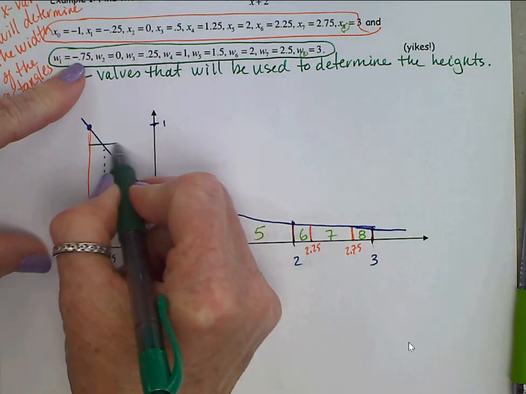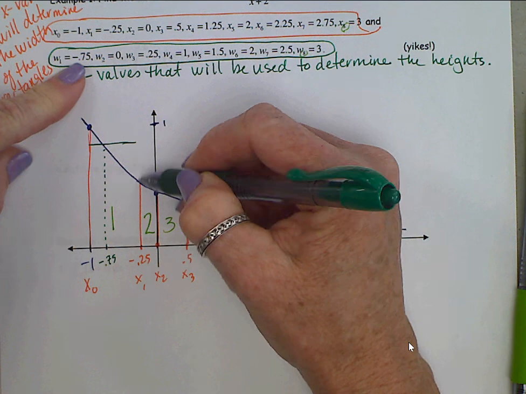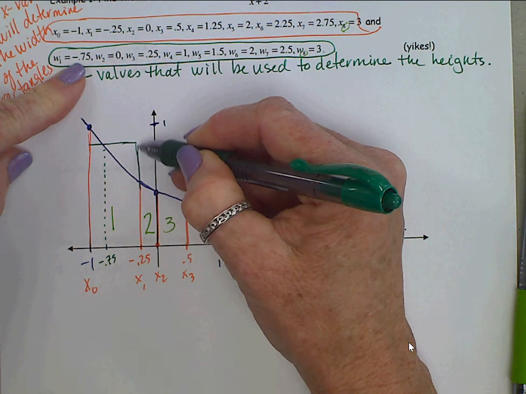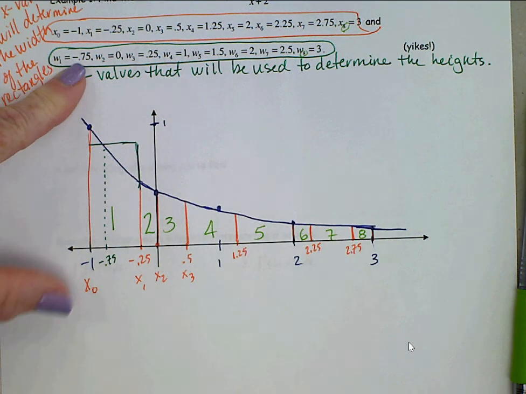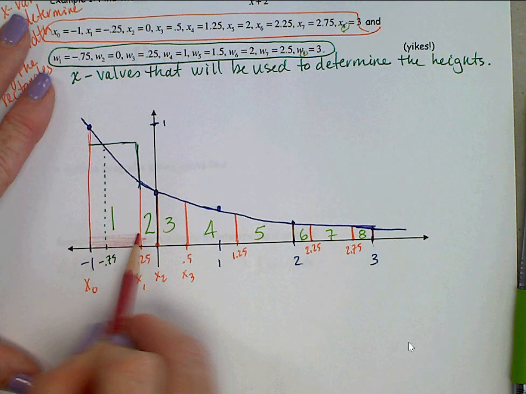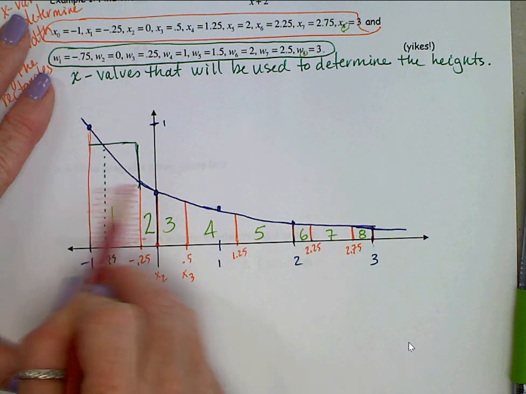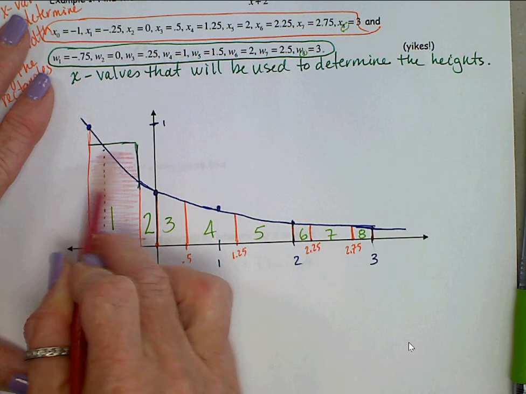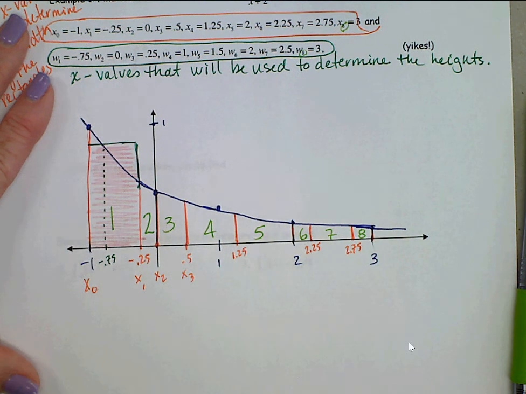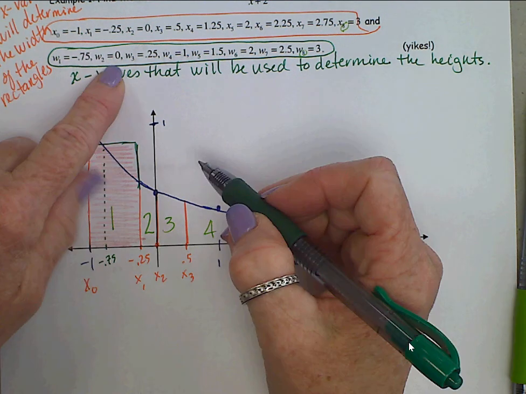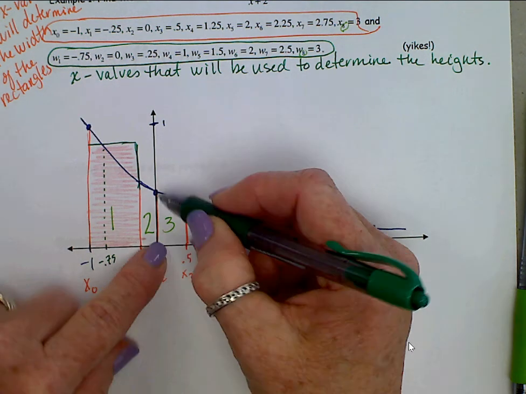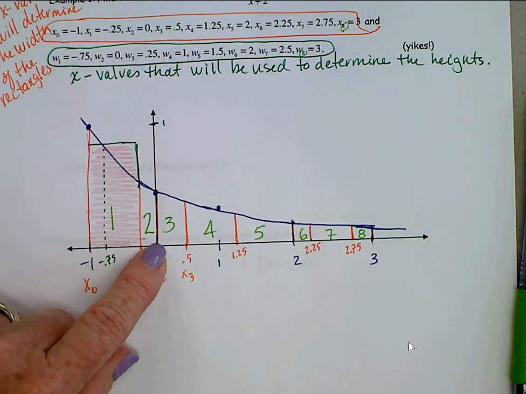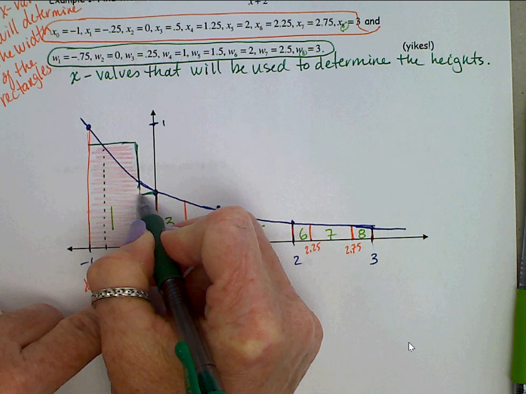That's the height of the first rectangle. Here's the first rectangle. W sub 2 is at 0 right there. Have that one already. That's the height of the second rectangle.